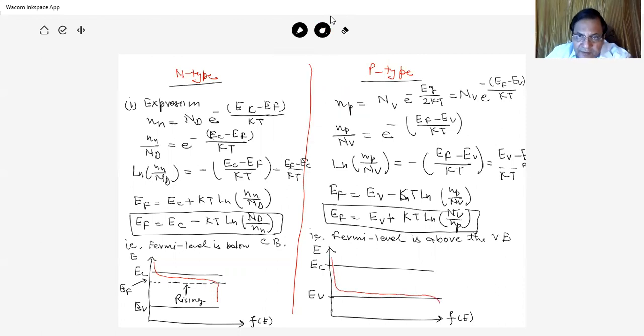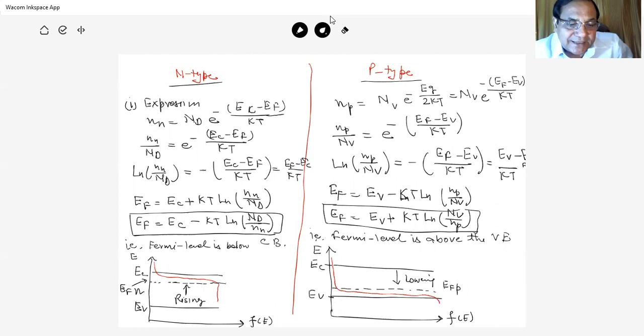This is the Fermi level, and here it is lowering of the Fermi level, Ef p, and here it is Ef n.